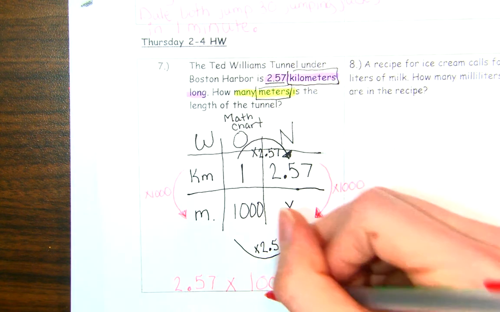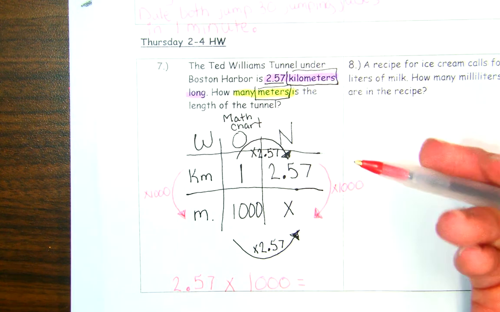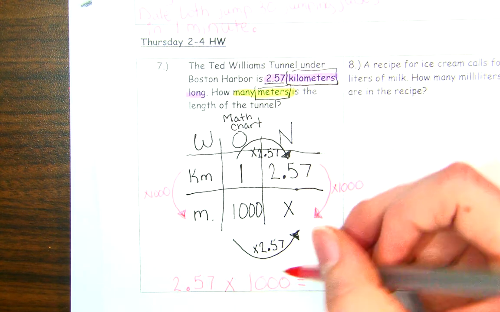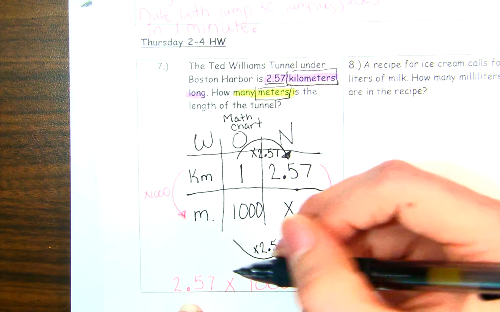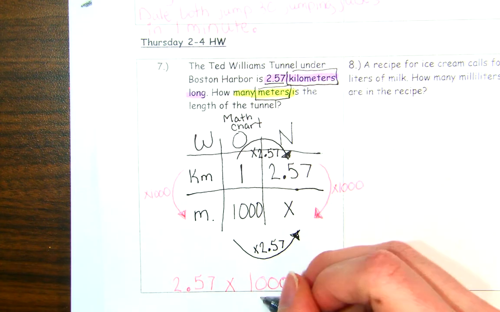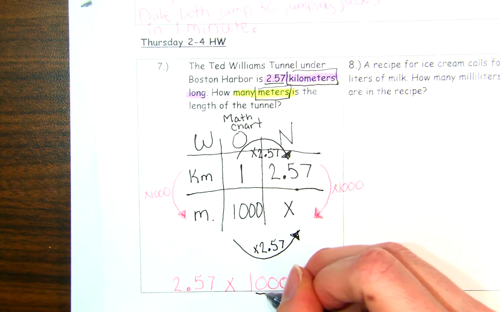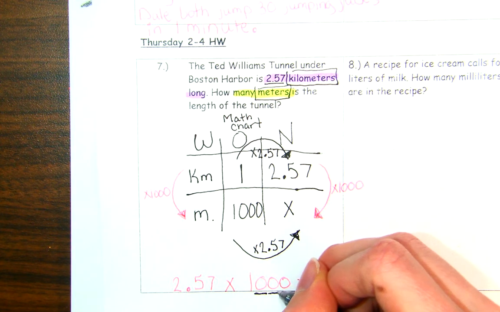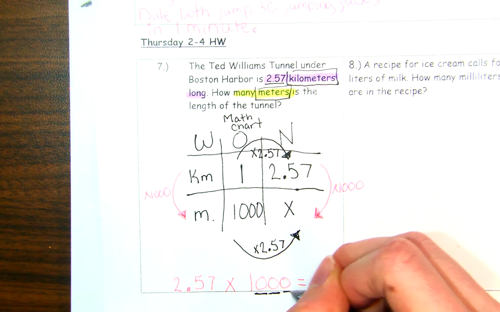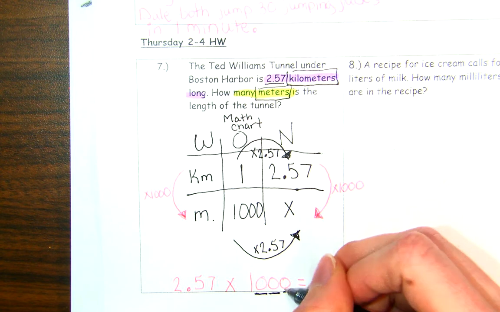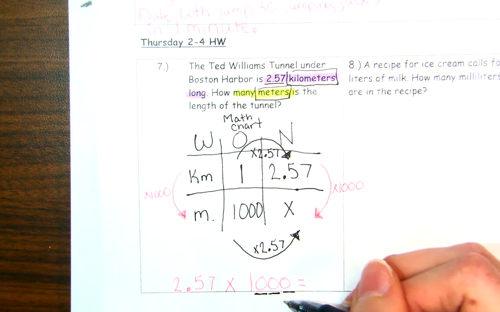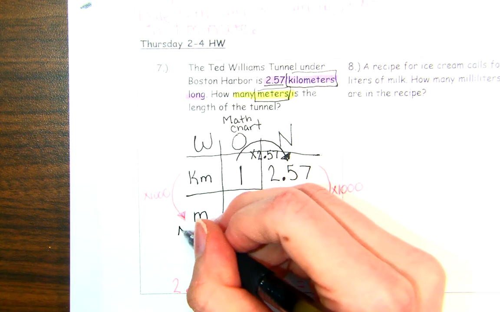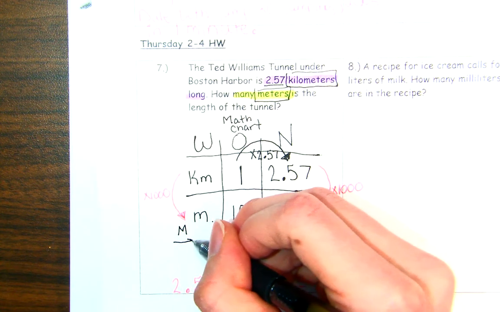Here, any time I multiply by a power of 10, I simply just need to move the decimal. So here, I need to multiply by 1,000. If this is a power of 10 one time, a power of 10 to the second power, and a power of 10 to the third power, I need to move my decimal 3 times to the right. Remember, when we multiply, we move it to the right.